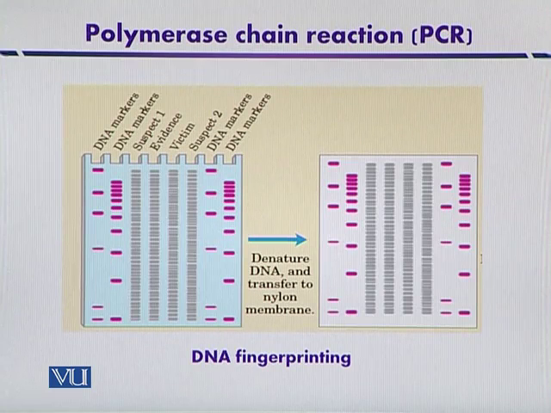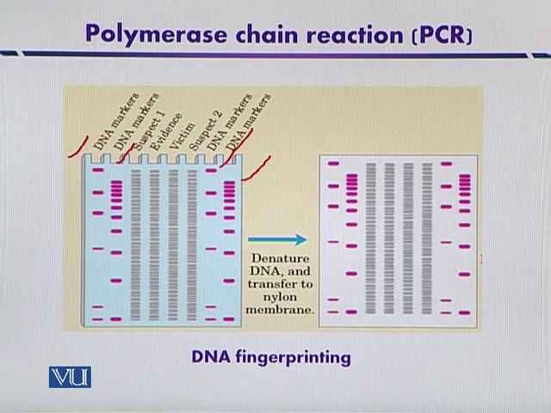In the next step, when the DNA fragments are produced, they can be resolved on the gel and compared with different markers. For example, in the first two lanes, DNA markers are there on the right and left, and we have DNA from the suspect that can be compared with the evidence source. For example, we have collected a blood or tissue sample from the crime, and this DNA can also be extracted and resolved along with the suspected victim.